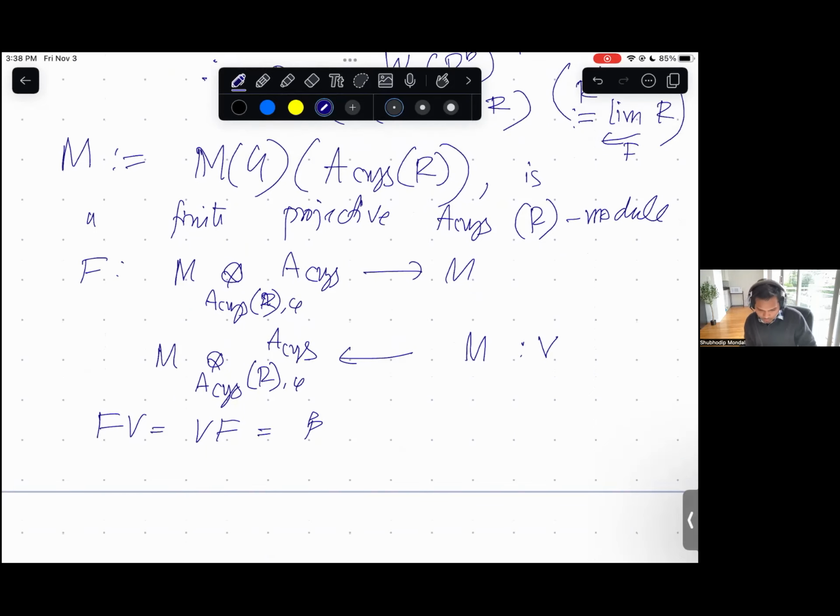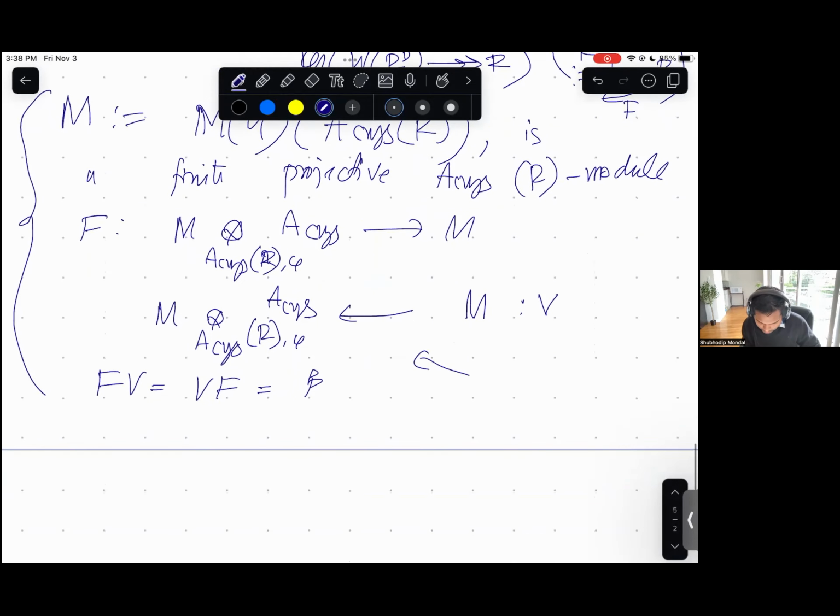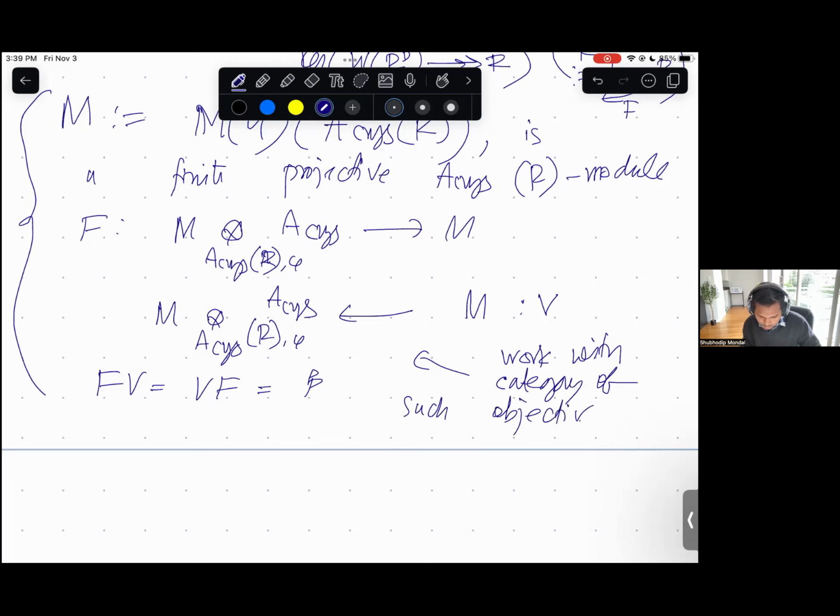So if we're working over some semi-perfect base, then one can basically work with the category of such objects: some finite projective A_crys(R) module equipped with two maps F and V, such that FV and VF are equal to p.